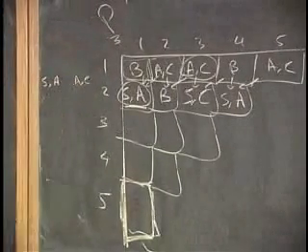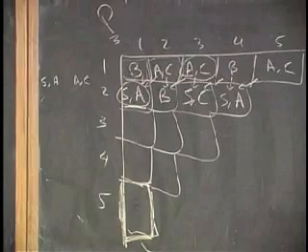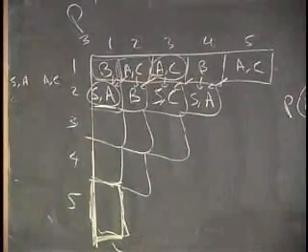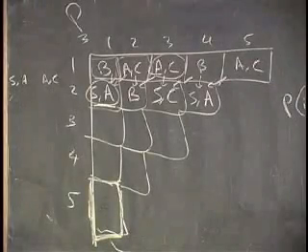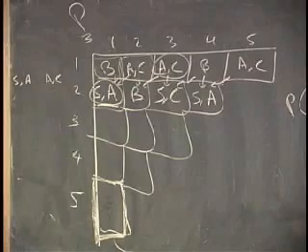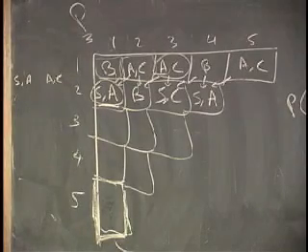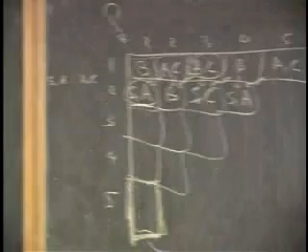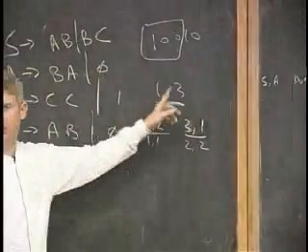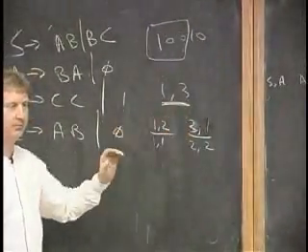So I get lots of combinations: SA, SC, AA, AC. But none of them are in the grammar. Not one way to generate this string of 3 if we split it after the first 2 and the second one. No way to do it.